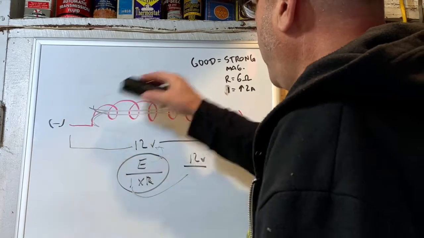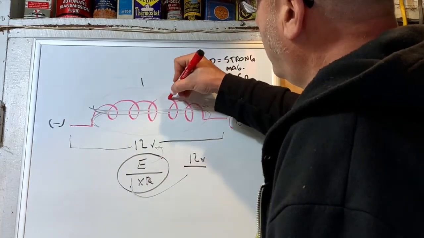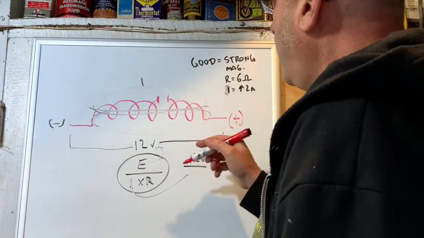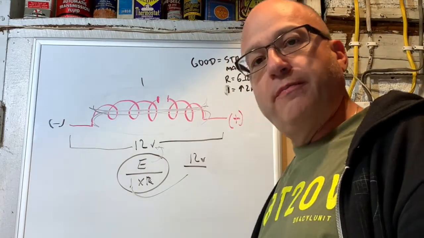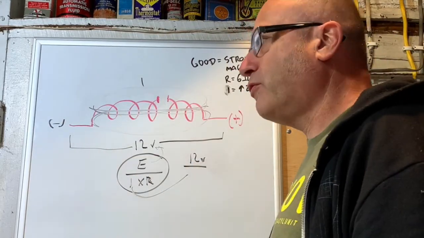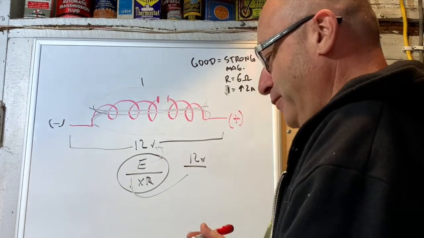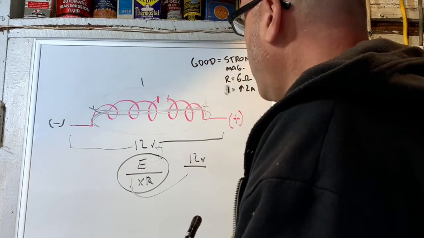So the magnetic field within the coil, because the coil now has a break in it, here's my break, right there, there is voltage, but the fact is there's no current. And if there's no current flow through the coil, it's not going to generate any magnetic field. So we call that an open circuit.